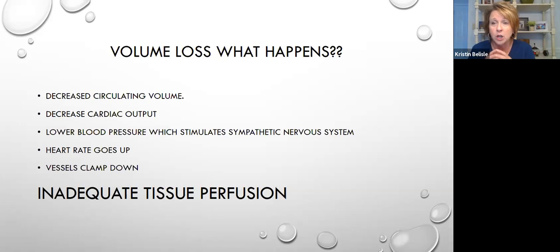The body knows, I've got to save the brain, I've got to save the heart. And we have inadequate tissue perfusion when the sympathetic nervous system kicks in because of volume loss. So when we have hypovolemia, we have inadequate tissue perfusion, period.